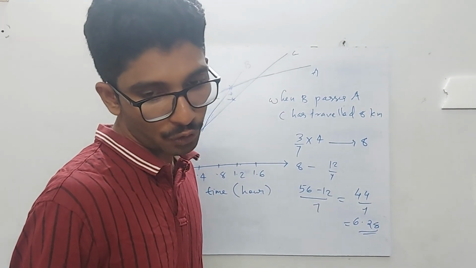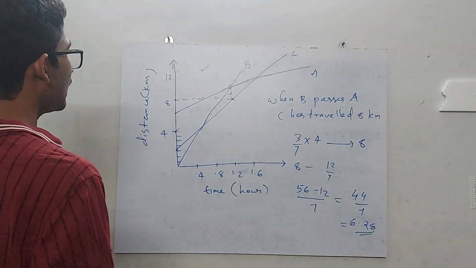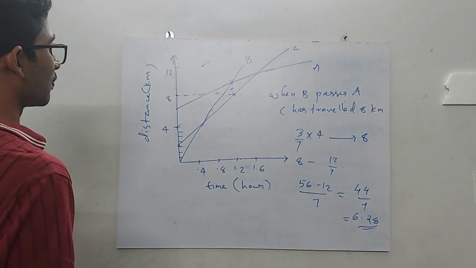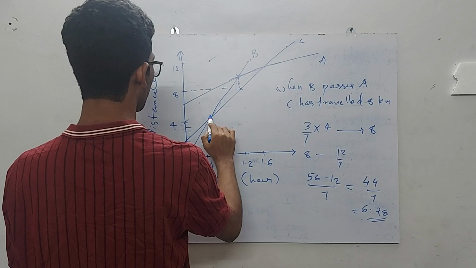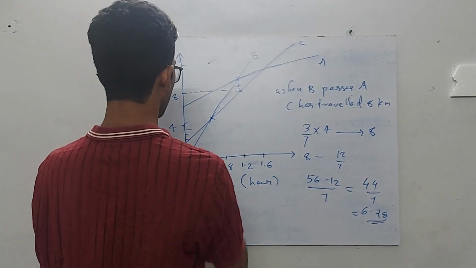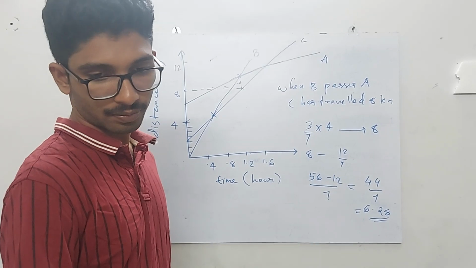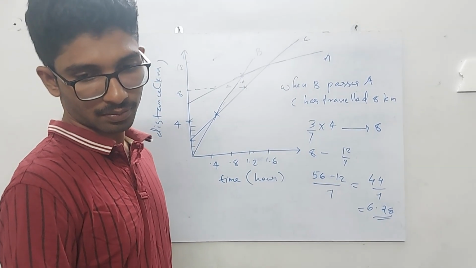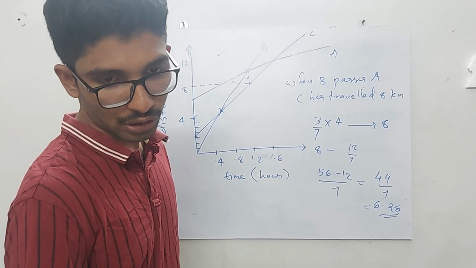Next question is, how far has B traveled by the time it passes C? So when is B crossing C? So this is C, this is B. So here our B crosses C, isn't it? Let us see the graph in the textbook. So yeah, here only B and C cross over.